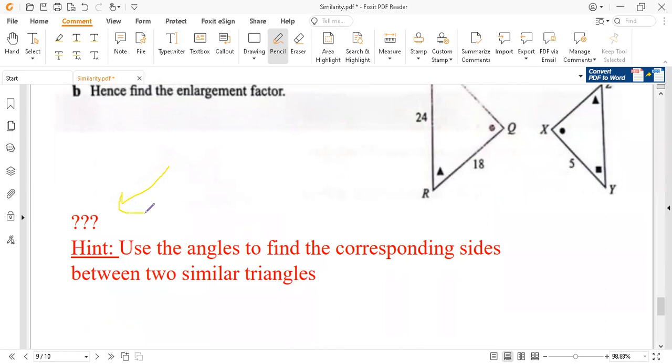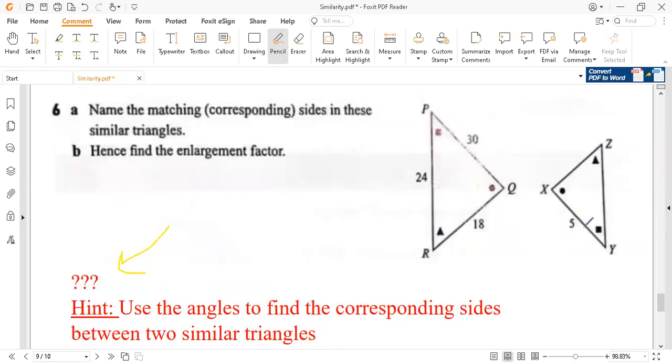As a hint, if we have angle marks, like here we have small rectangles in bold, small triangles in bold, so angle marks, we can base our discussion on these angle marks.